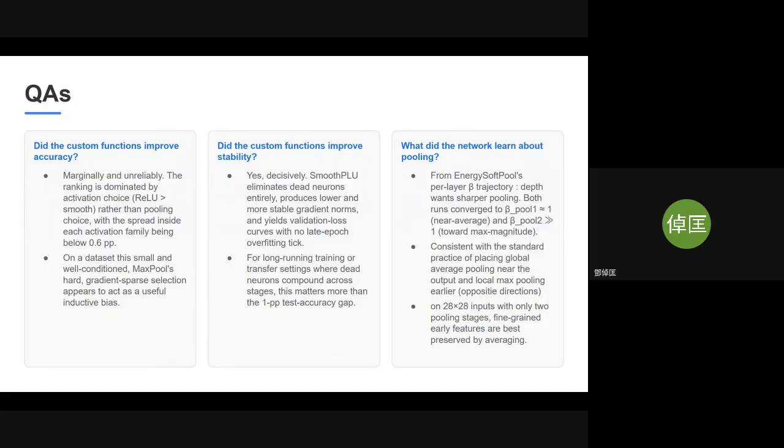The pooling results also reveal an interpretable pattern. Early layers benefit from averaging, while deeper layers benefit from sharper feature selection. Overall, the baseline configuration remains the best choice for maximizing accuracy under limited computational costs.